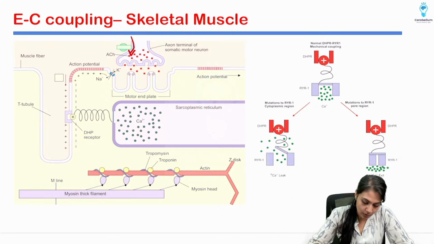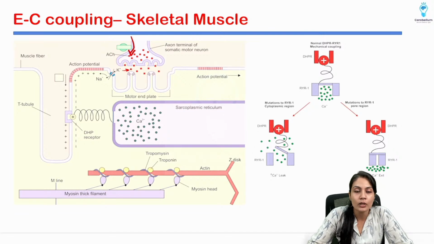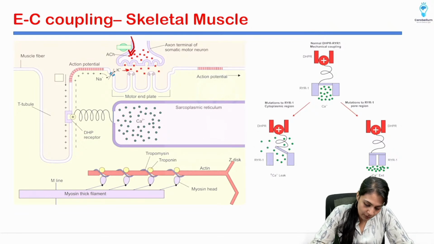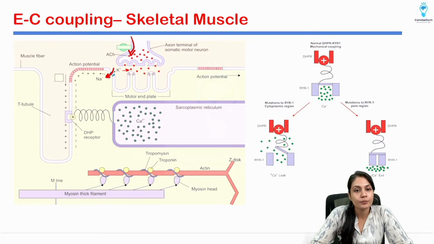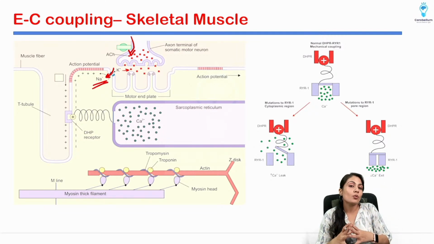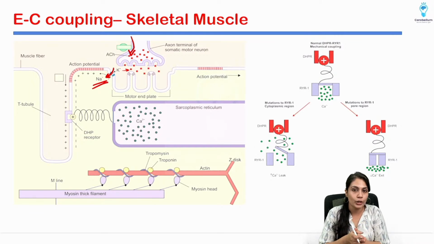As soon as the calcium channels are open, these red molecules, which are nothing but acetylcholine molecules, are going to sit onto the ligand-gated cationic channels, or ligand-gated sodium channels. The sodium will enter inside the cell. As soon as an adequate amount of sodium has come into the cell, that will generate the depolarization and action potential.